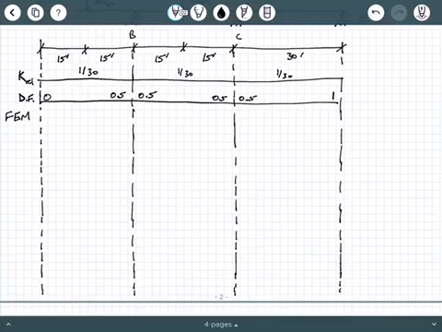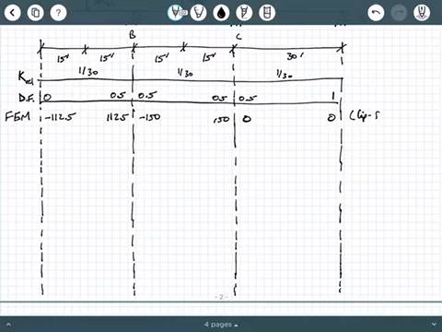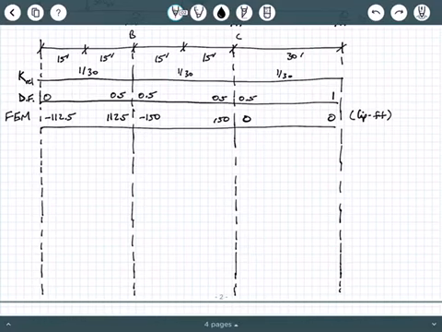And then we have our FEM values: negative 112.5, positive 112.5, negative 150, positive 150, 0, and 0. And over here, I'm going to put my units, kip feet. Okay, so here are my FEMs. Now, try to make a nice little row here.